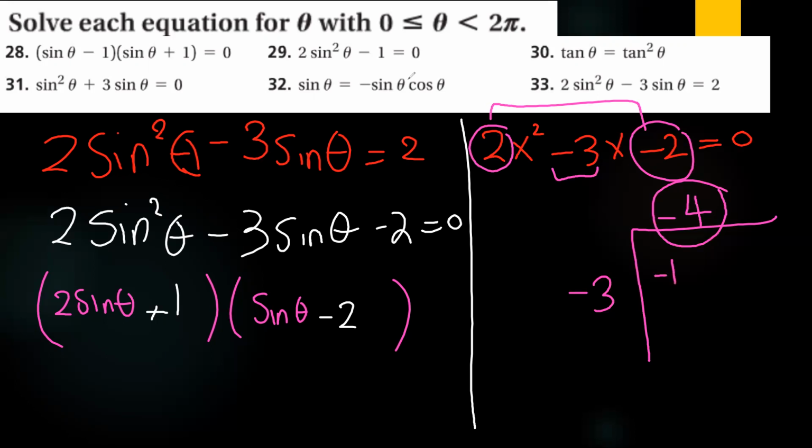It could be negative 4 and positive 1, or positive 4 and negative 1. Now, which one? It will be negative 4 and positive 1.